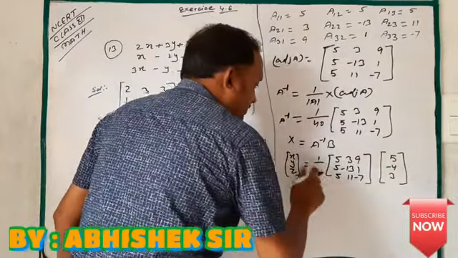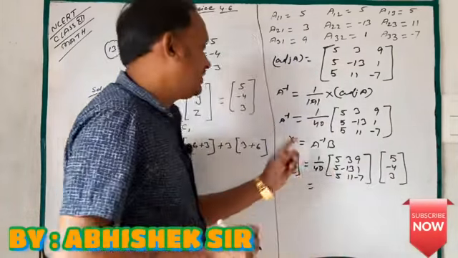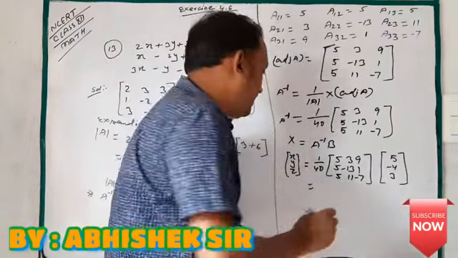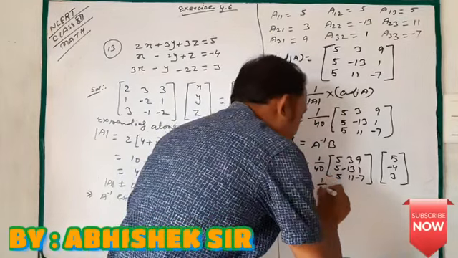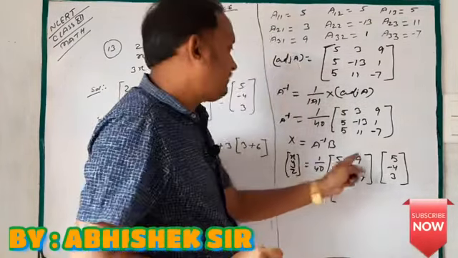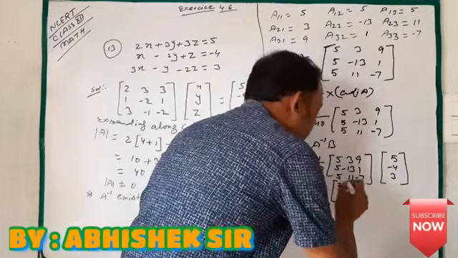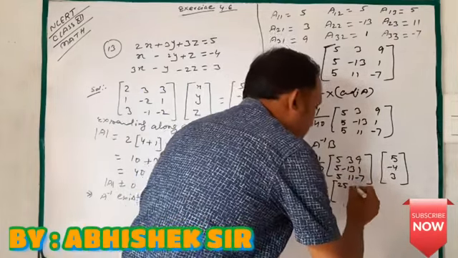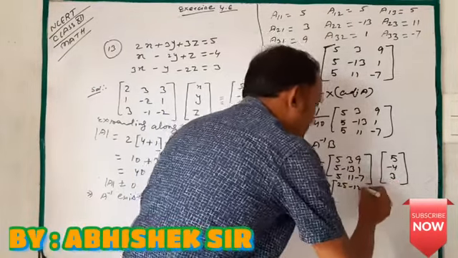This is 40, student, not 14. Here, first row and only column. 5 5 is 25, 4 3 is 12, 9 3 is 27.